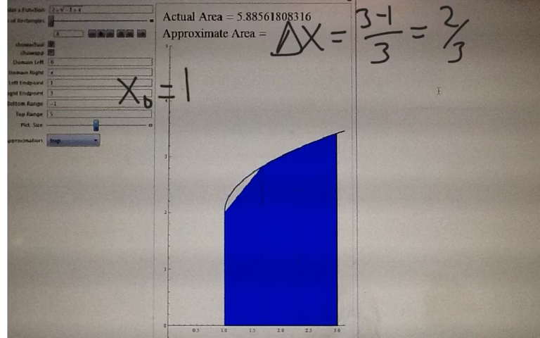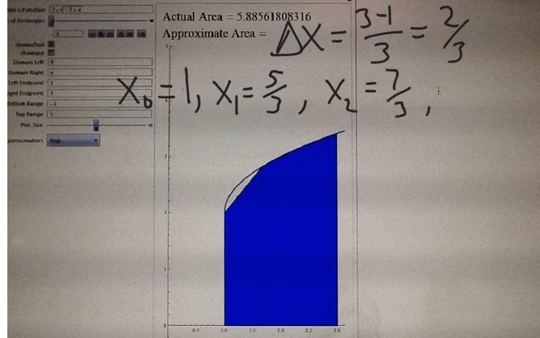So x sub 0, of course, is going to be 1. X sub 1 is going to be 1 plus 2/3, which is 5/3 as an improper fraction. X sub 2 is going to be 5/3 plus 2/3, which is 7/3. And then x sub 3 is going to be 7/3 plus 2/3, which is 9/3, but 9/3 is just 3.